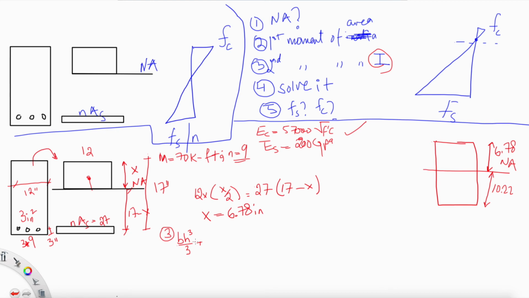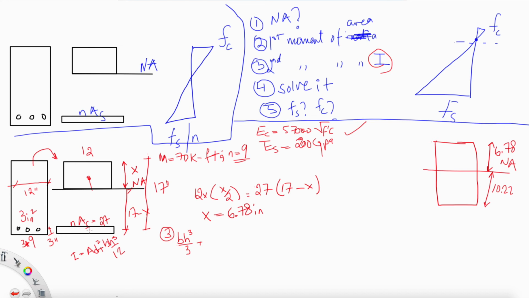If we want to transfer the moment of inertia from the centroid, from statics, I equals A d squared plus bh cubed over 12.